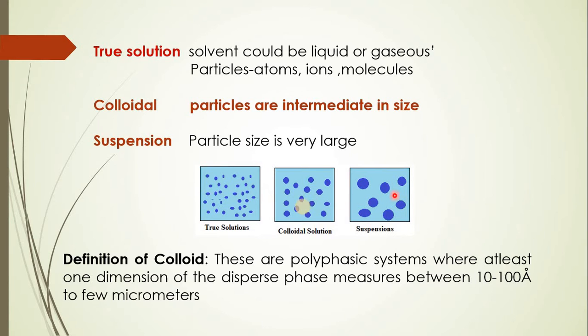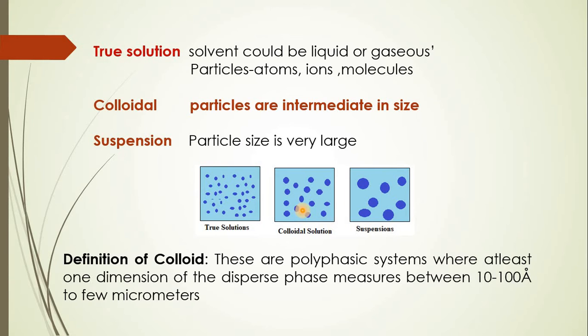If I compare the particulate matter amongst all three, the suspension will have a very large size of particulate matter. That forms the distinction between true solution, colloidal solution and suspension. Probably this is the only reason because of which these colloidal particles are not seen entering through the semi-permeable membrane.